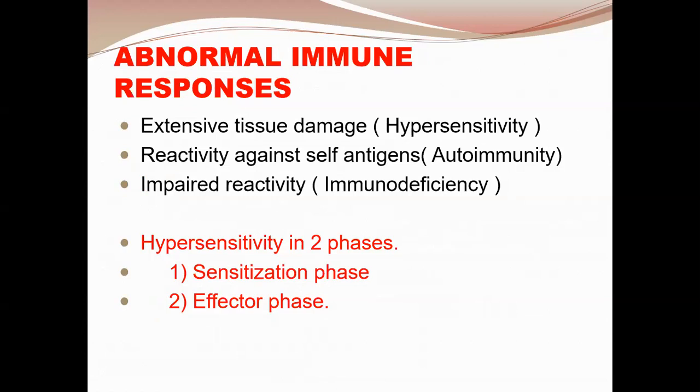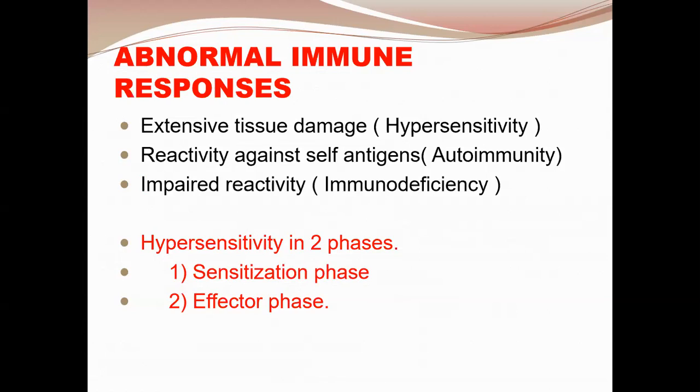Then there is impaired reactivity, which is called immunodeficiency. So the abnormal immune response can be a hypersensitivity reaction, a reactivity against self antigens resulting in autoimmune disorders, or an impaired reactivity resulting in an immunodeficiency-like state. These are the three abnormal immune responses.